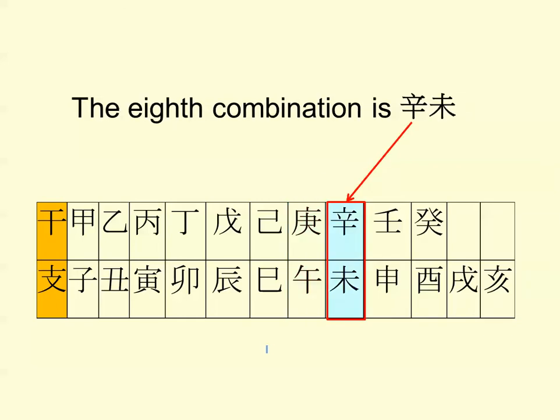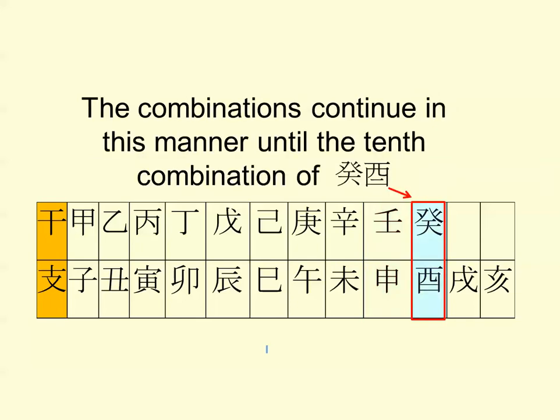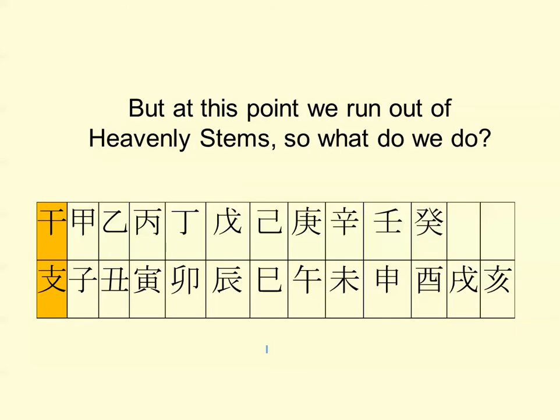Each one of these combinations is considered a cycle, and I'll show you a chart in a minute that puts it all together. And we keep going until we get to this point, but now what? We have run out of heavenly stems. We got 10 of those and we got 12 of the earthly branches. So now what do we do?